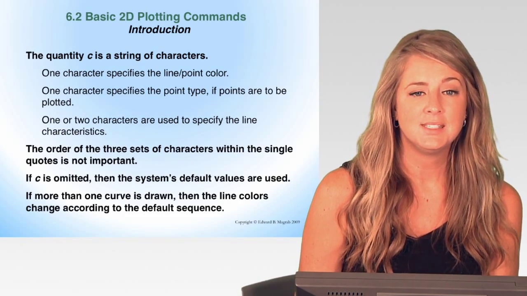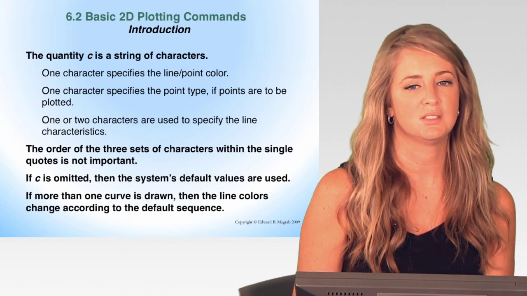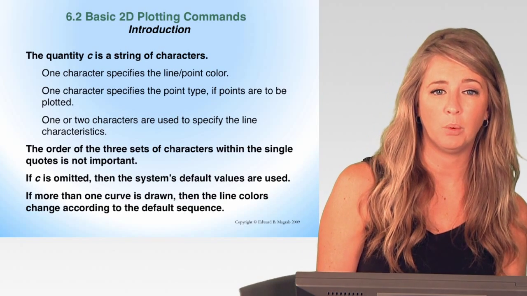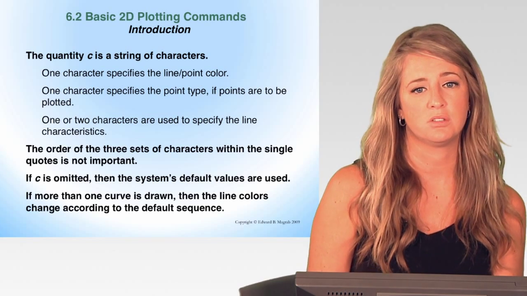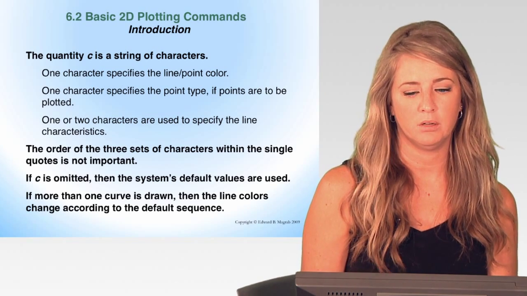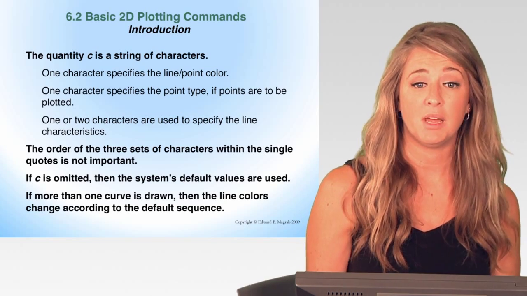The quantity C is a string of characters, and these characters specify the formatting of that plot. So, for example, if we were plotting a point, then the C expression would be a string of characters that we can use to format that point, whether it's an open circle, a closed circle, or different colors.